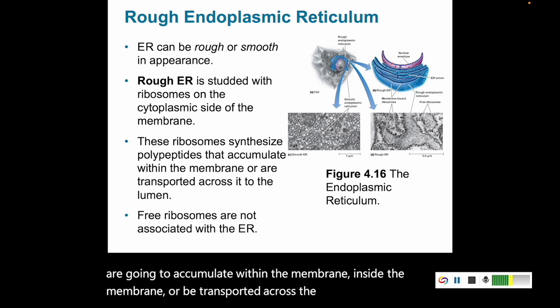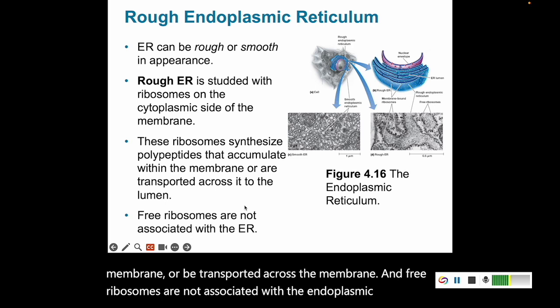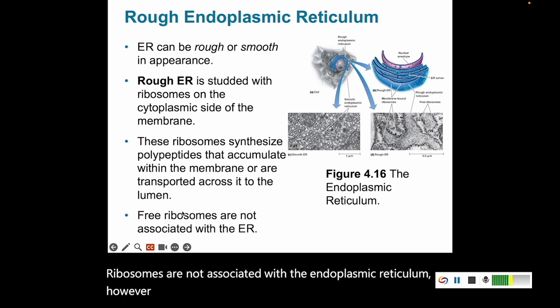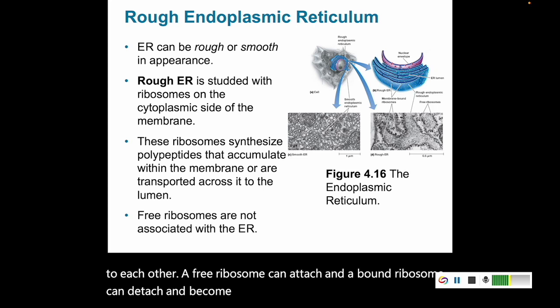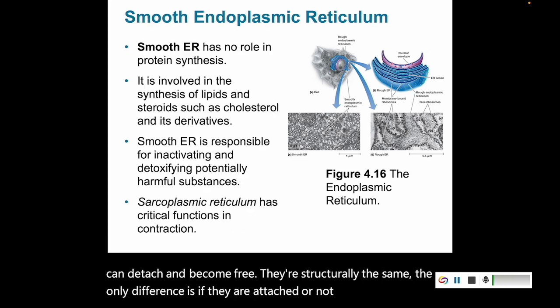Free ribosomes are not associated with the endoplasmic reticulum. However, ribosomes, whether they are free or bound, are identical to each other. A free ribosome can attach, and a bound ribosome can detach and become free. They're structurally the same. The only difference is if they are attached or not attached.